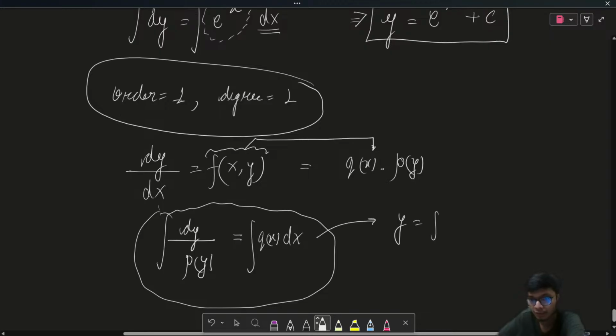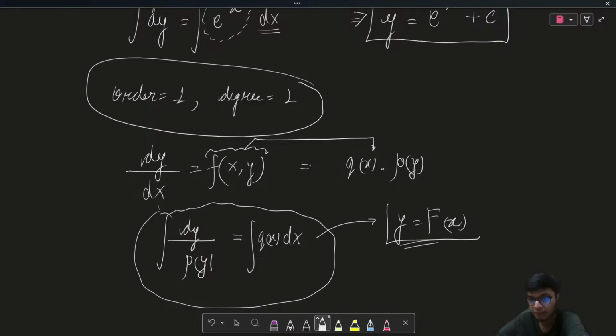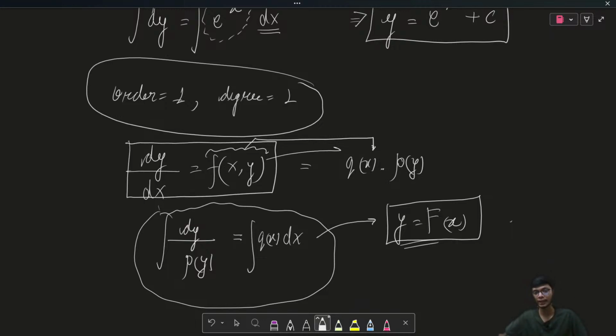Let me write it in terms of some other function, let us say capital F of x, so then I will get the solution. So this is the general procedure. From the given differential equation, you have to separate the variables, express it in this particular form of integration, and then from the integration we get the solution, right? I hope the steps are clear. This is the basic step that we need to follow in variable separable form.